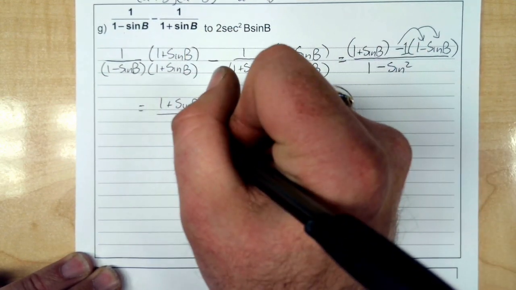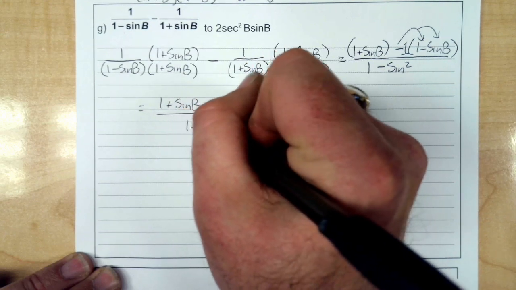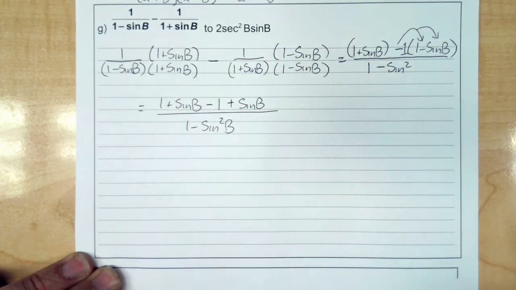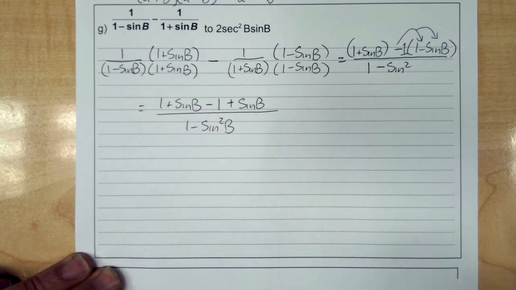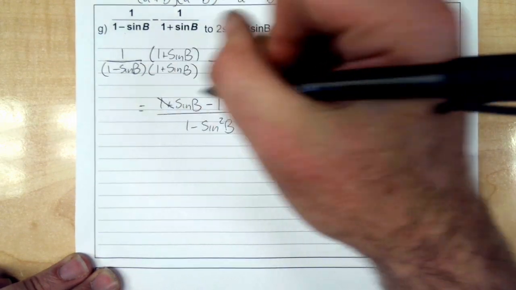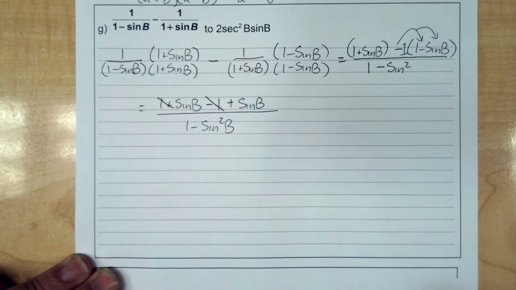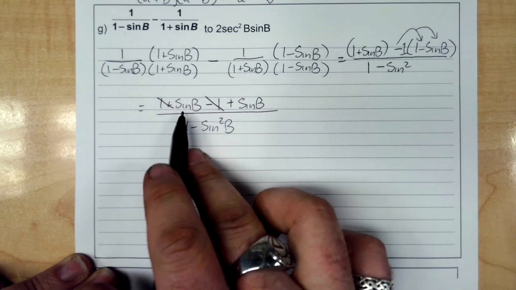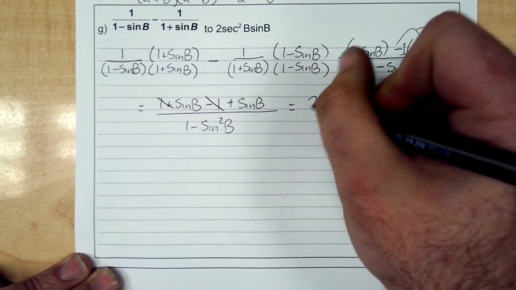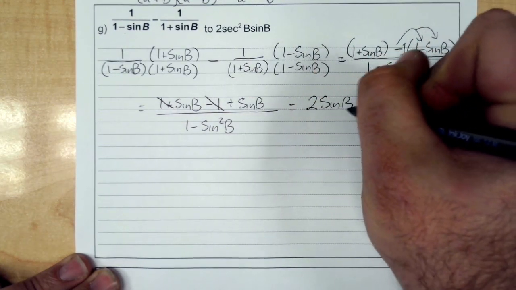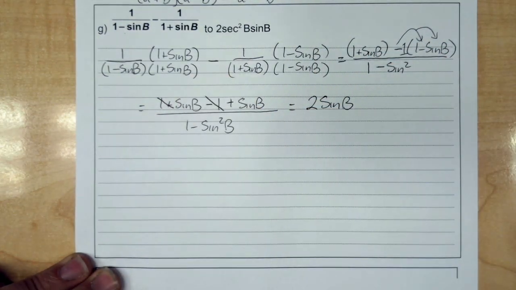All that is still over 1 minus the sine squared of b. Again, adding 1 and subtracting 1 will cancel out. So a sine plus another sine means 2 times the sine of b. There's the 2 from our answer. And there's the sine from our answer.